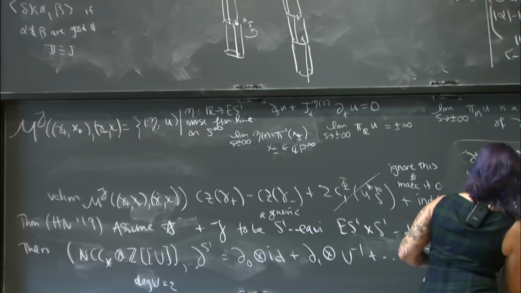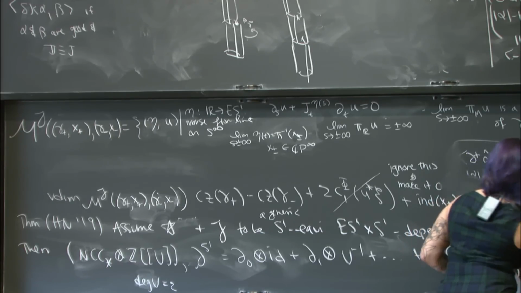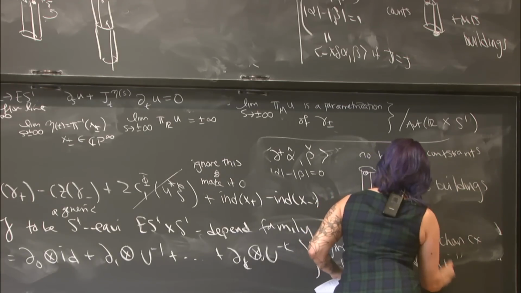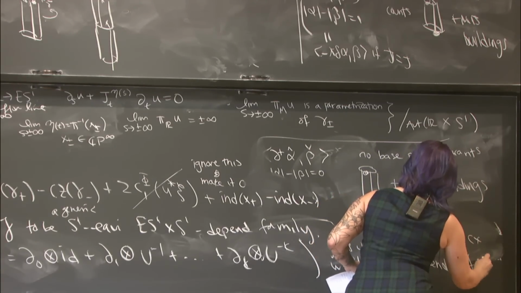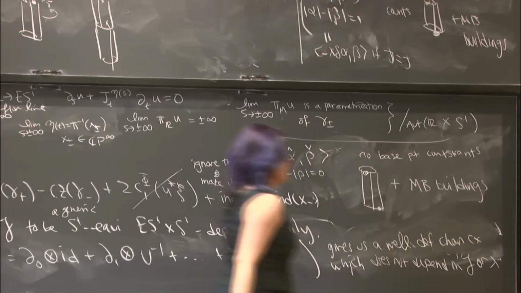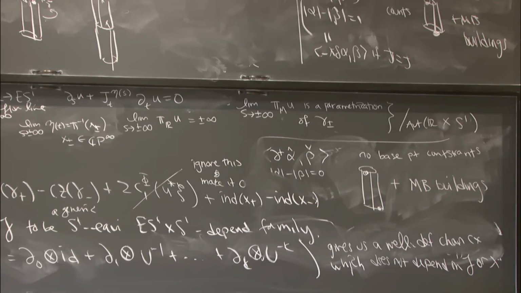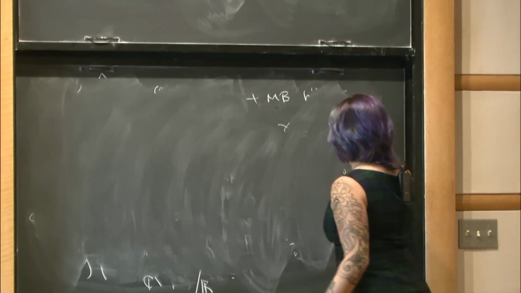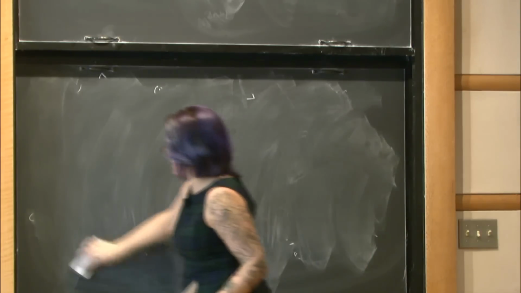Which does not depend on the choice of J or lambda. And then the other nice theorem that we can prove is that in dimension 3, in the dynamically convex case, we actually have enough regularity to define this chain complex.